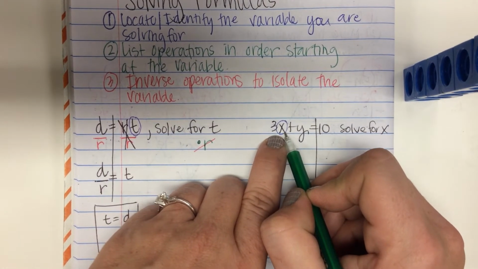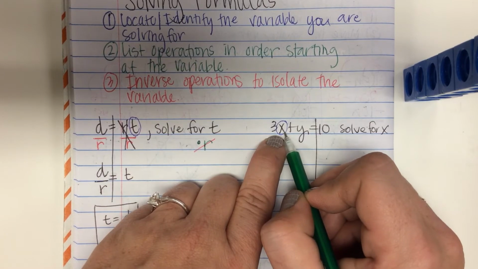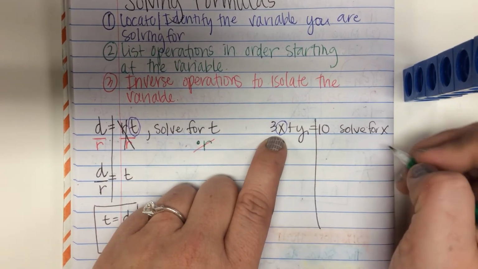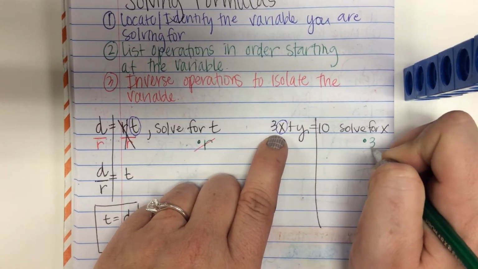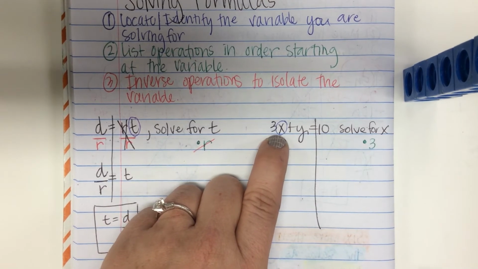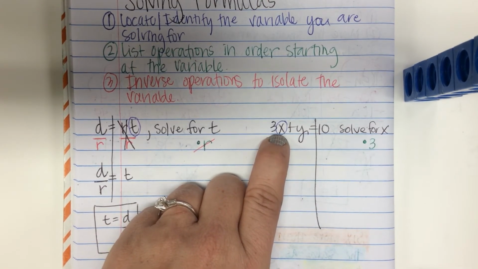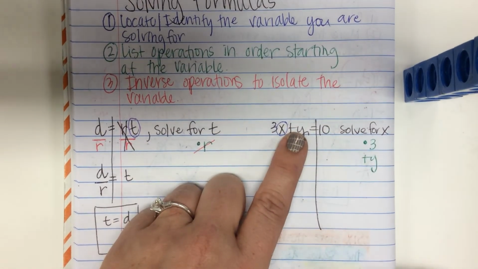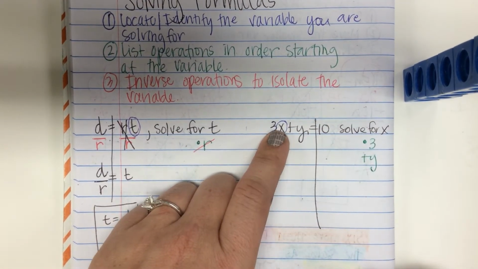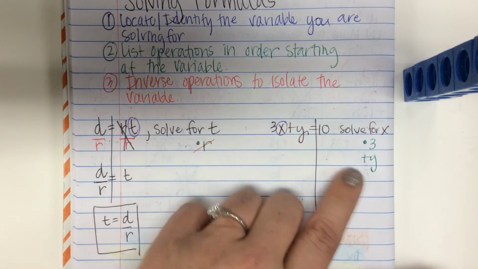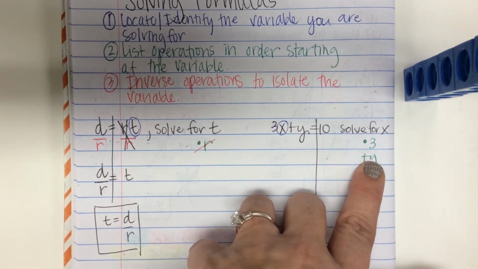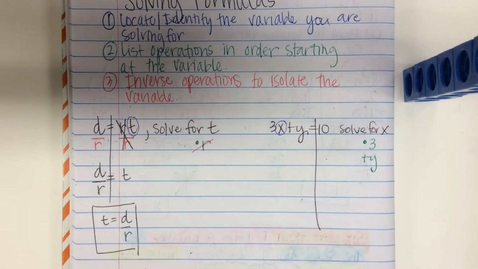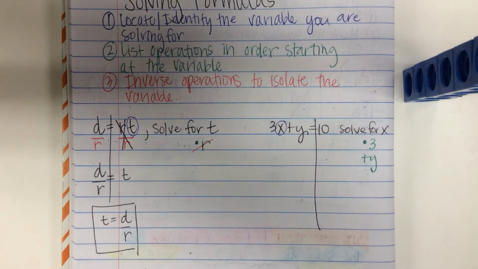What's happening to the x? It's being multiplied by 3. What else is happening to the x? It's getting added to y. I did this first because we multiply first and then we add y. So multiply by 3, add y. I listed the operations in order.